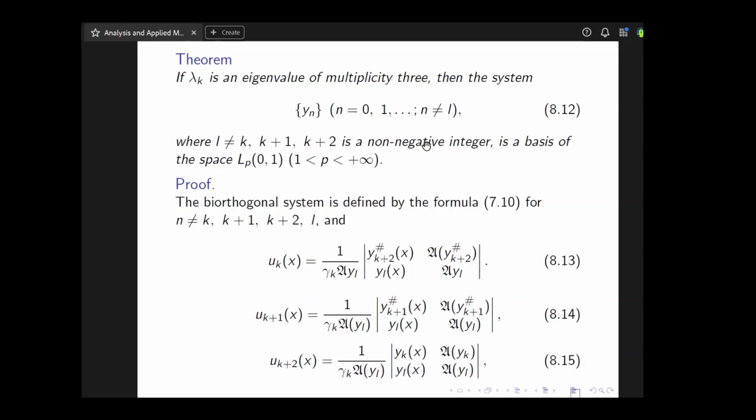If you keep the eigenfunction corresponding to the multiple eigenvalue, and the first and second associated functions, you keep all of them in the system, but remove some other eigenfunction corresponding to L, then it is always a basis. This perfectly agrees with the results obtained by Professor Shkalikov for the special case.